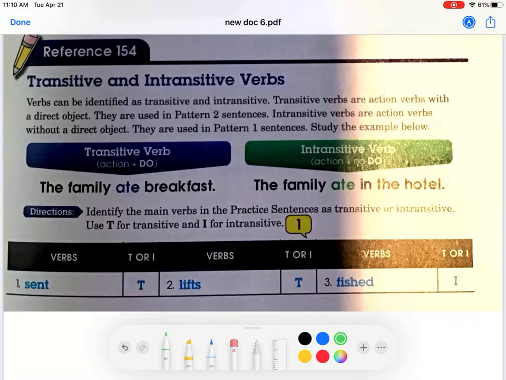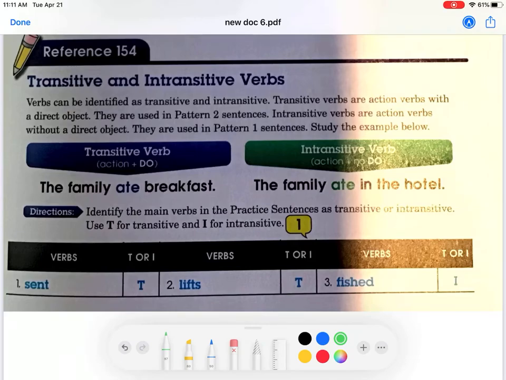Okay? So if you look at this chart below, this might be something you'll see like on a worksheet. They'll say, what's the verb? Okay, well, the verb would be sent, let's say. And then it is transitive because it is transferring the action to something. Like if we're going through sentence number 1, sent is transferring to invitations, okay?